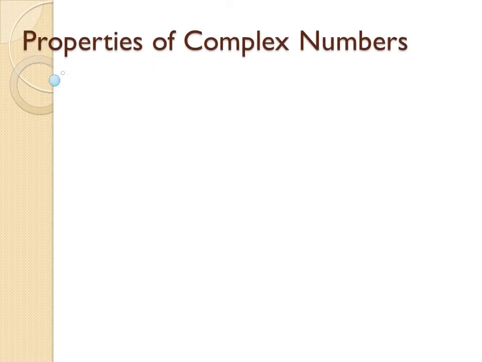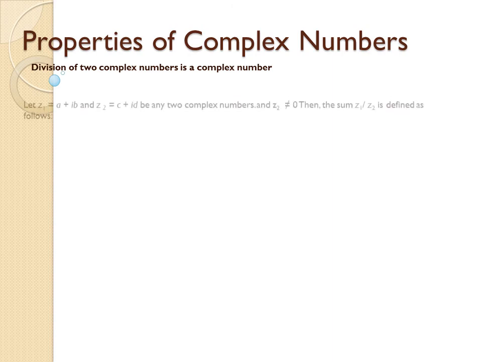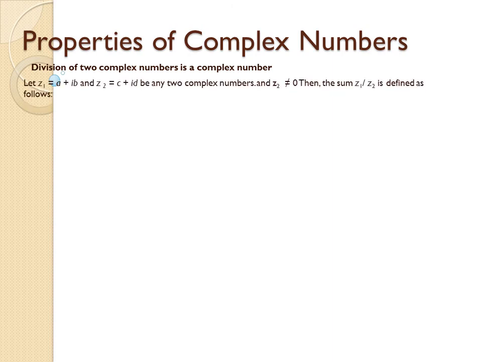Let's go to the division now. So division of two complex numbers is a complex number. Let us take the same example. Z1 equal to a plus ib and Z2 equal to c plus id, where Z2 is not equal to 0, because if the denominator of a division can be 0, then the division cannot be possible. So let's see how Z1 by Z2 looks.